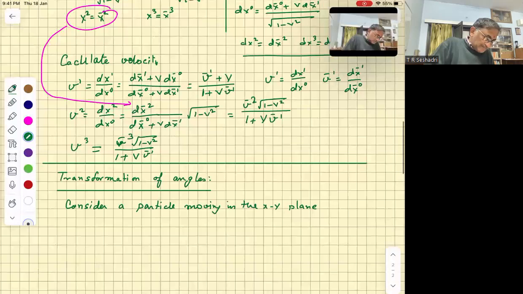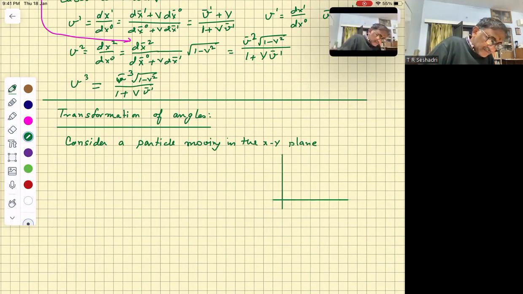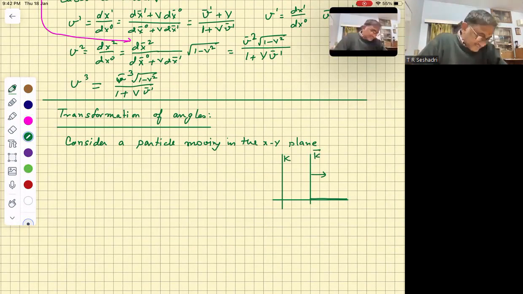I'll tell you why. Suppose I have a particle which is moving. As before, the frame I have chosen is this one. This is K bar and this is K. The movement of K bar relative to K is along the x-axis.